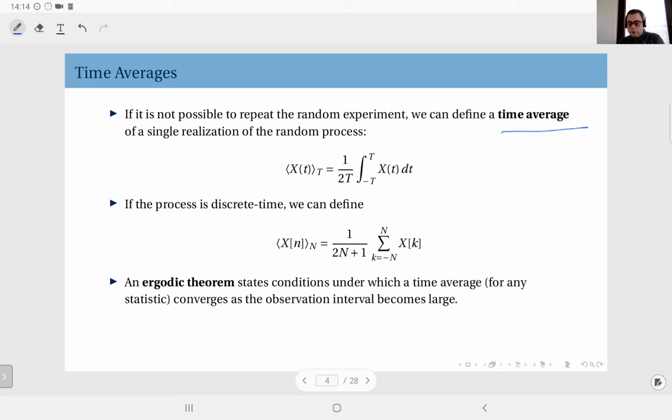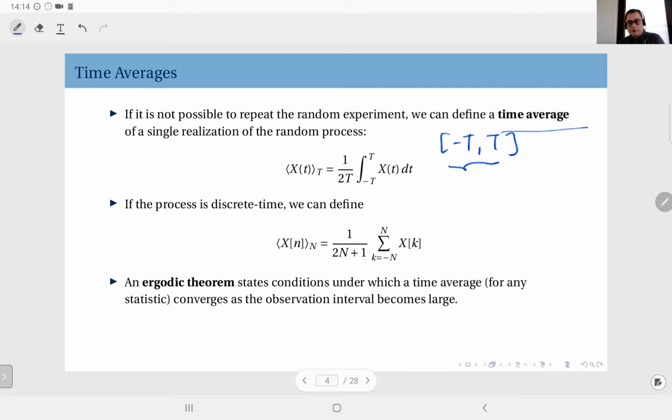So what is that? You observe this random process within an interval, which we call -T to T. Well, it depends on the placement of the origin. So -T doesn't necessarily define past and positive times doesn't necessarily indicate future observations. Here, it's just a representation of your interval.